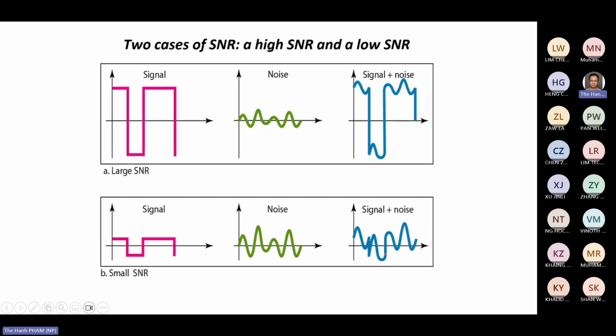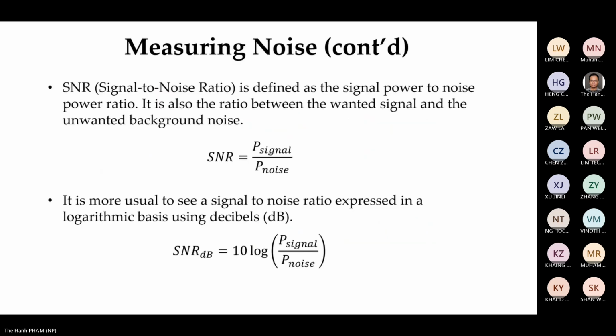Of course, in the system, we want to have a high signal to noise ratio. So how to measure the signal to noise ratio? You need to look at the power of the signal over the power of noise. And take note that this one has no unit, because here it is watt over watt.